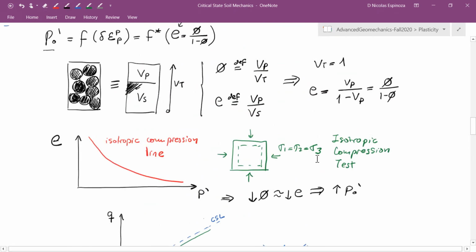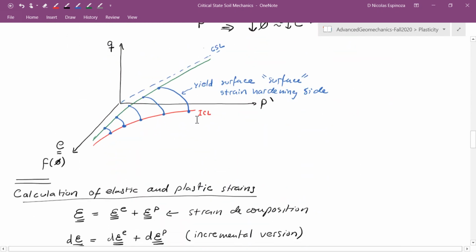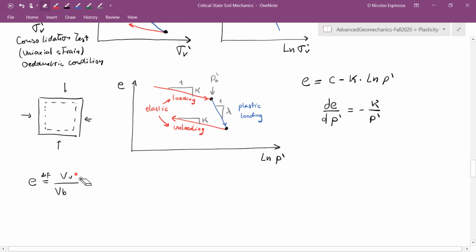Let me use the same V_p for volume of the pores. So this is going to be V_b minus V_s over V_s.